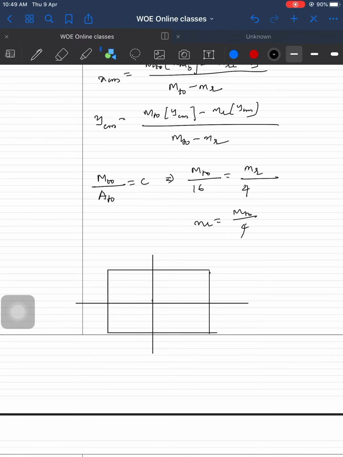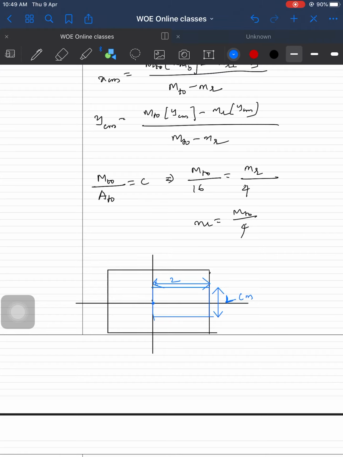From this center, the other part is removed. This part is removed. The length of this section is 2 centimeter, and the width of this section is also 2 centimeter.